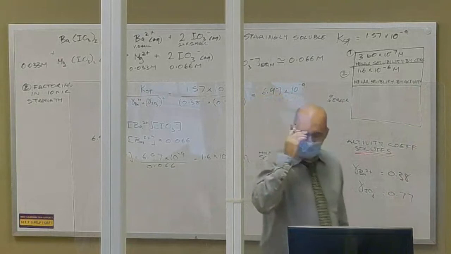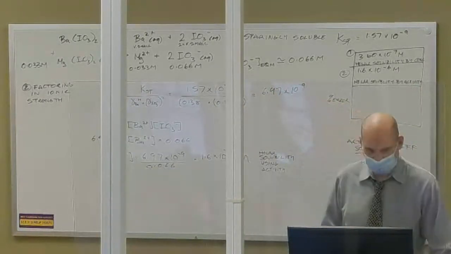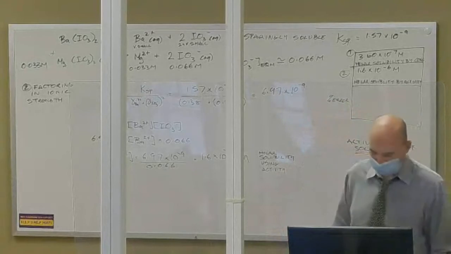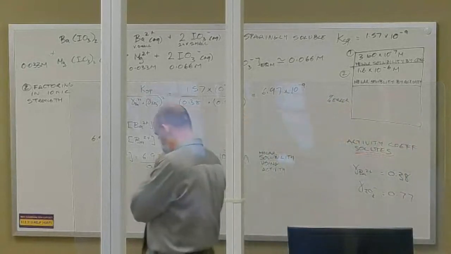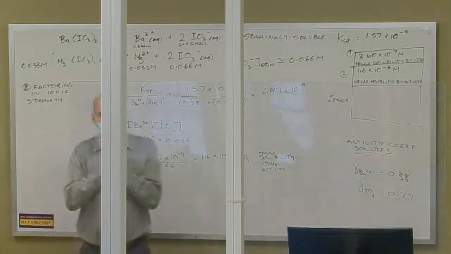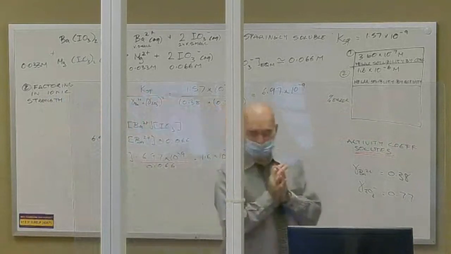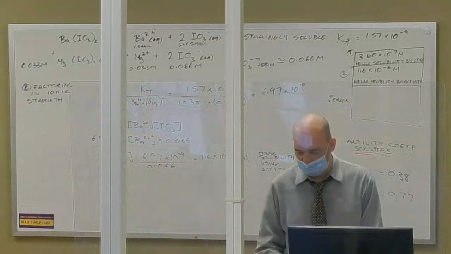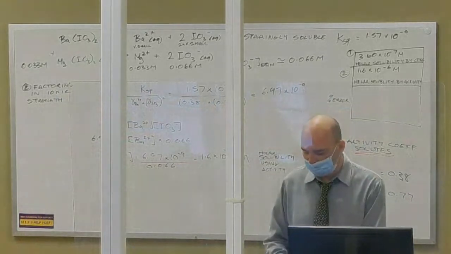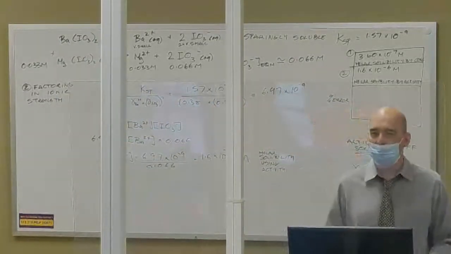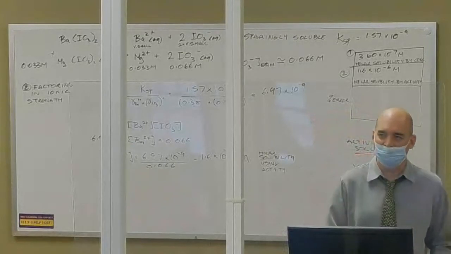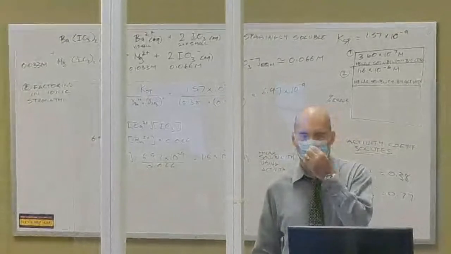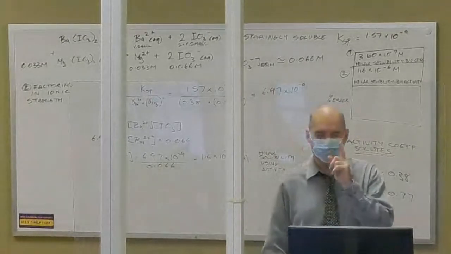Okay. You got to think about the way that the question is framed. If you didn't know that activities existed and you only calculated the barium concentration in solution using concentrations, how much different, how much wrong would your answer be than the person who calculated using activities?